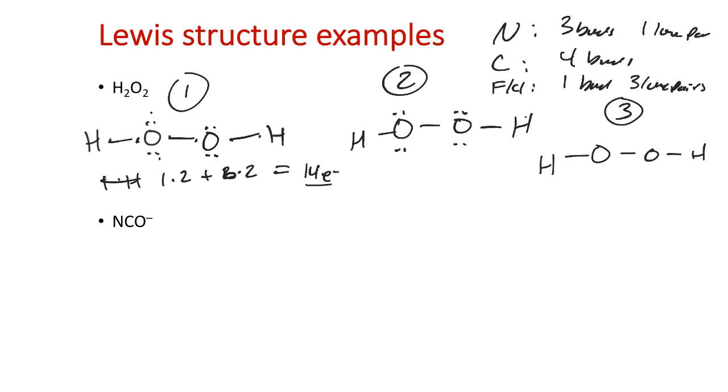So we have 2, 4, 6, 8, 10, 12, 14. And same thing for structure 2. And then likewise for structure 3, we would look and say we have 2, 4, 6 electrons given. So we need 8 electrons, so 2 pairs of electrons on each of the O's. So you could get to the Lewis structure of hydrogen peroxide any one of these three ways, and they get us to the exact same structure.